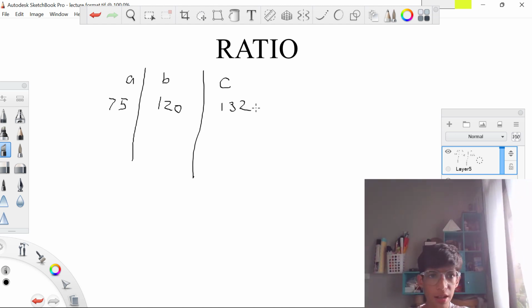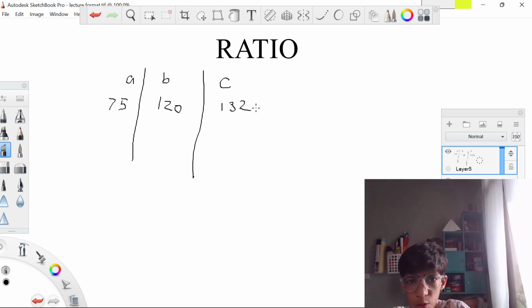A's value is 75, B's value is 120, and C's value is 132.